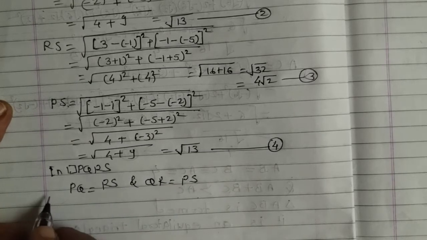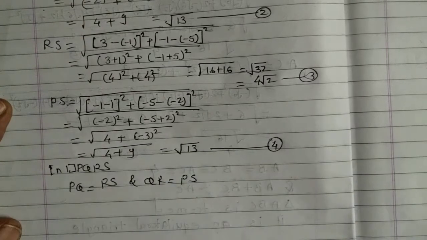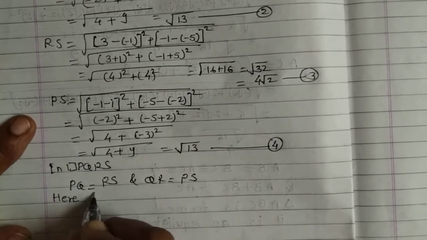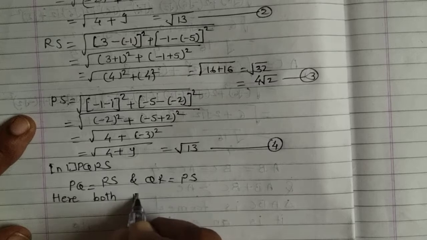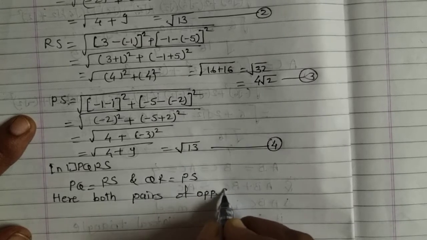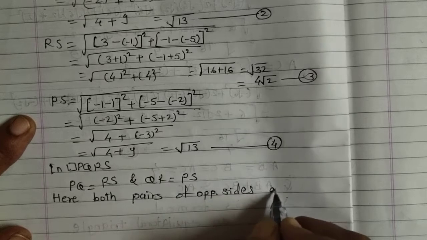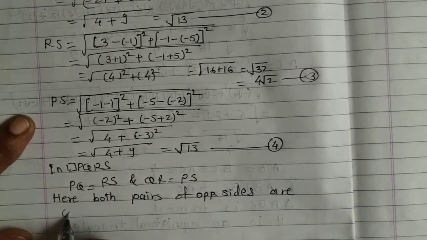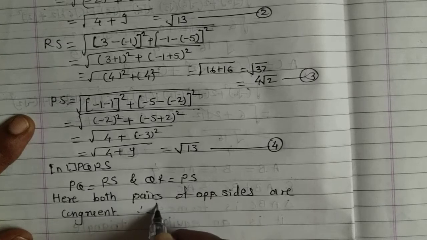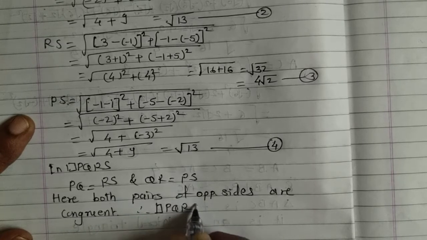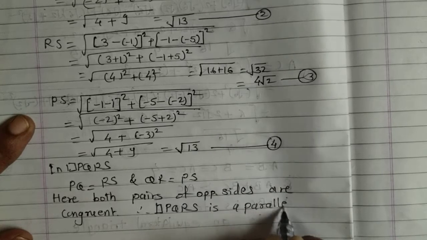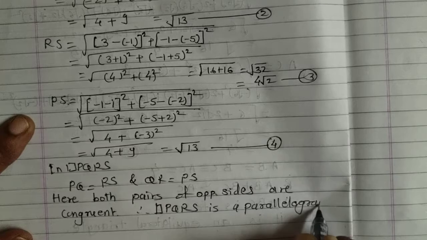Therefore, the opposite sides, here we can write both pairs of opposite sides are congruent. As their lengths are equal, they are congruent, and therefore quadrilateral PQRS is a parallelogram. Quadrilateral PQRS is a parallelogram.